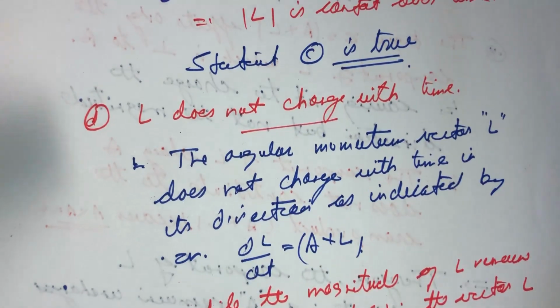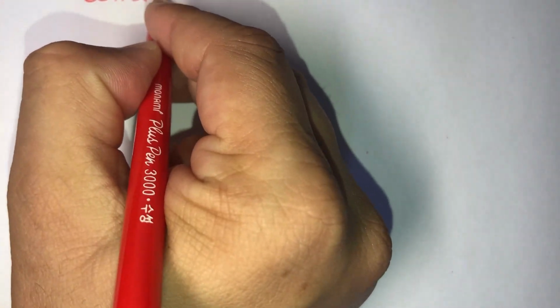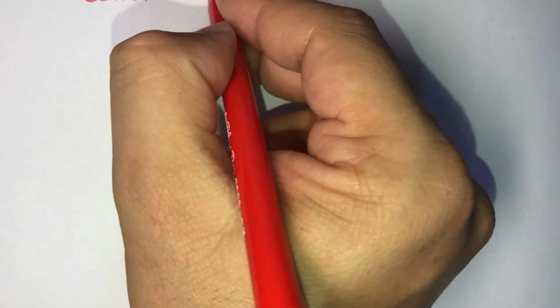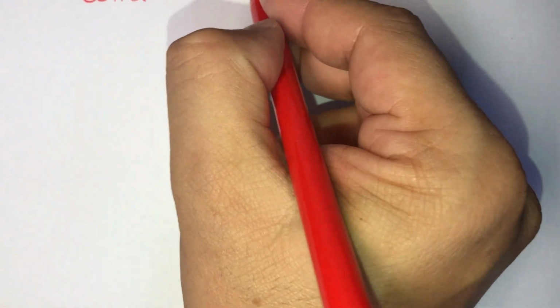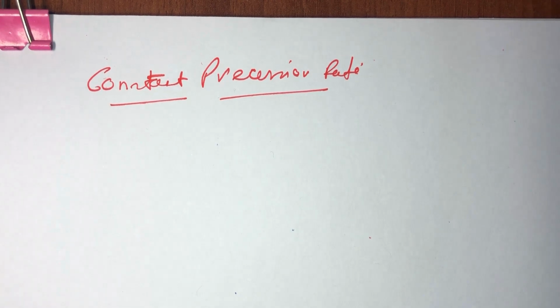Now, in addition to these four statements, one conclusion can also be drawn from this discussion, about the constant precession rate, that is ωp. Although it was not asked in the question, we can still draw the conclusion from here.